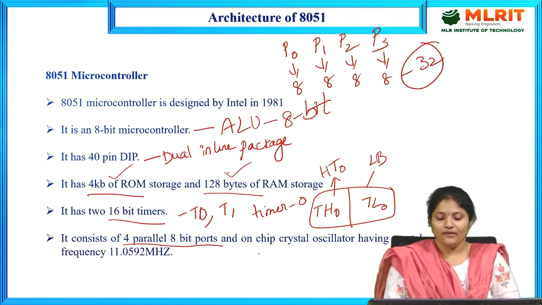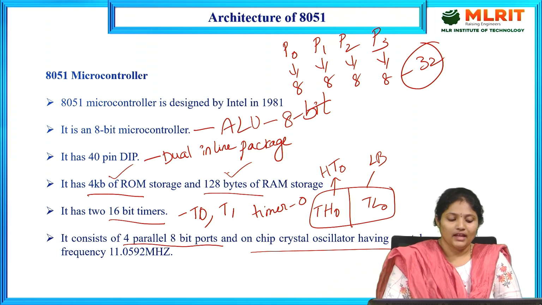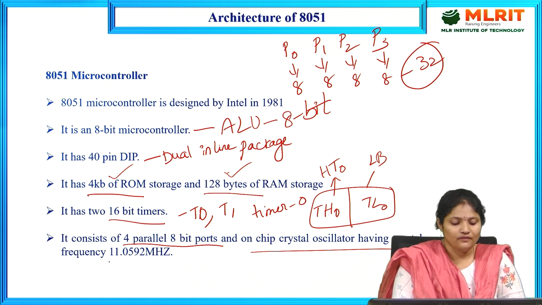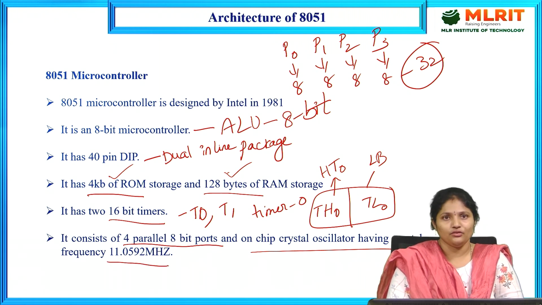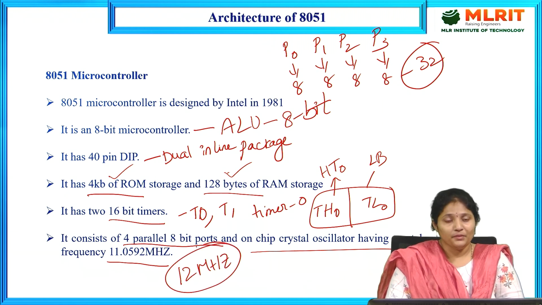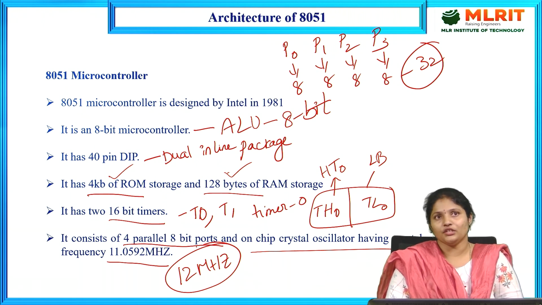It also has an inbuilt crystal oscillator which can produce a crystal frequency of 11.0592 megahertz. Sometimes we may take it as approximately 12 megahertz also. Precisely, 11.0592 megahertz clock frequency is generated by the crystal oscillator already inbuilt in the 8051 chip itself.